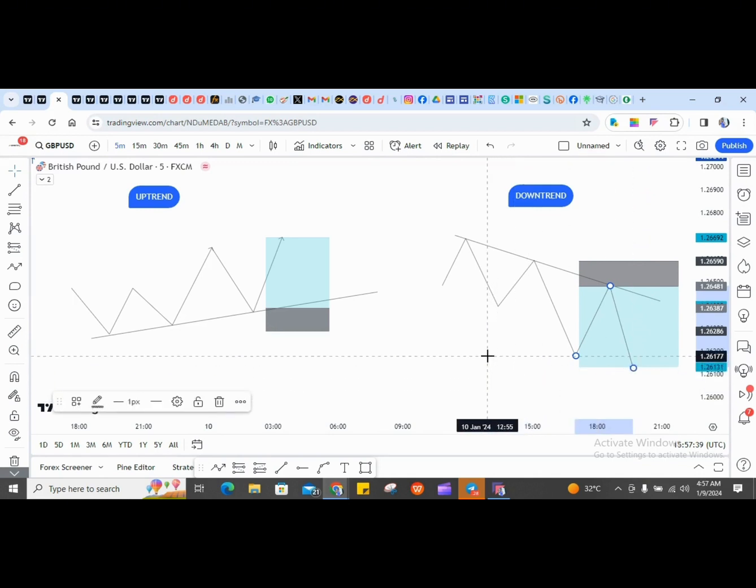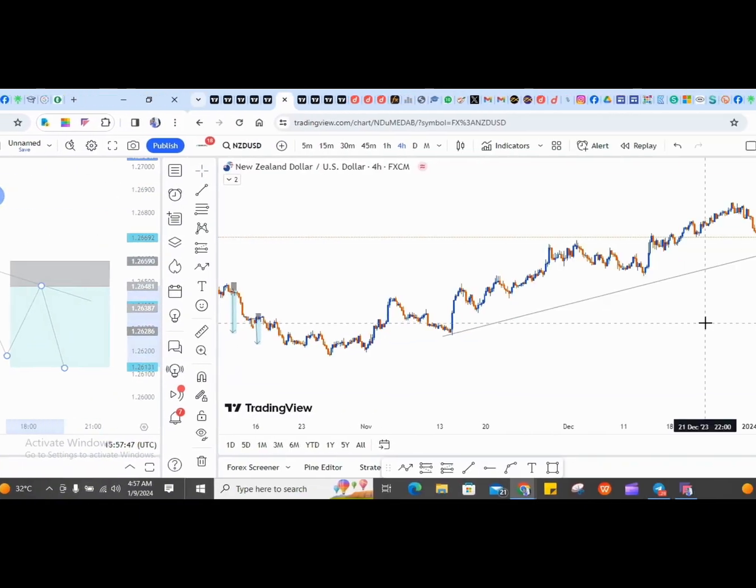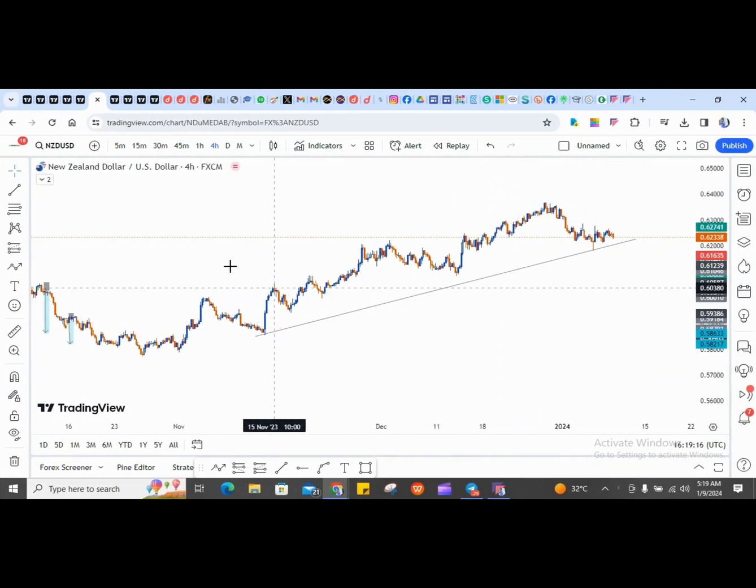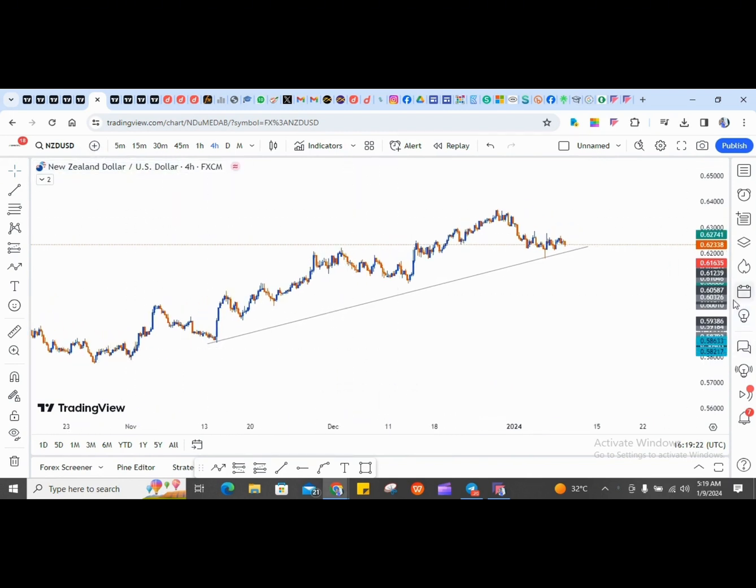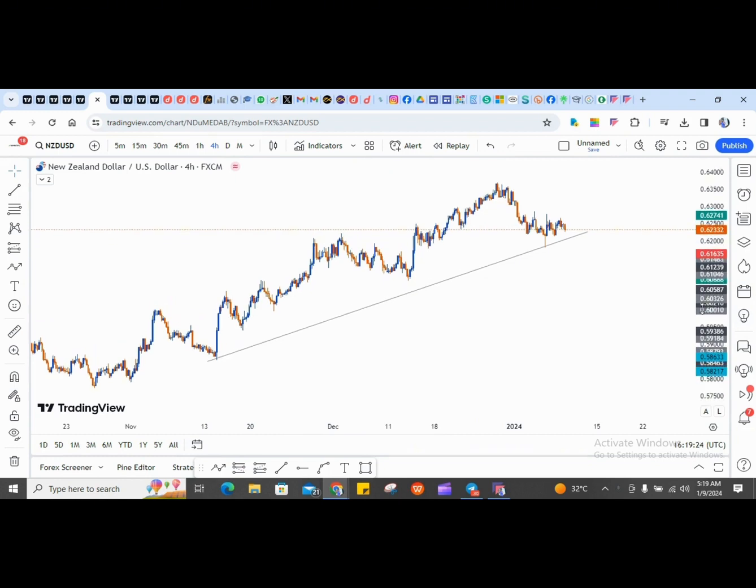So let's go to our chart itself and see if things like this do happen, and let's look for opportunities. Okay, so now we are on a live chart. Now this is New Zealand dollar, US dollar, NZD USD. As we can see, this is actually giving us what we just talked about. So let's use this, our pattern, our arrow, as example.